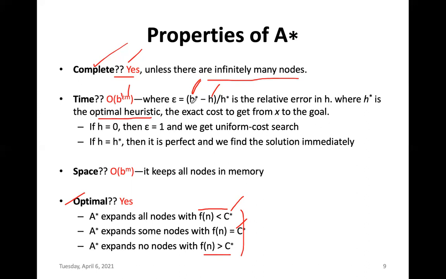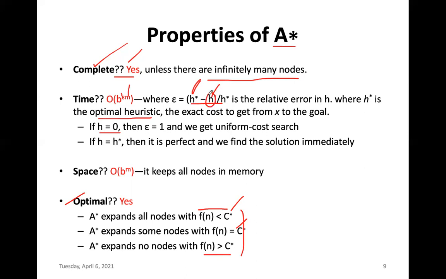So if this is the equation, and if in this equation your h is 0, if your heuristic function that you are following in any algorithm is 0. But we are talking about this A star. So, okay, let's talk about this A star.